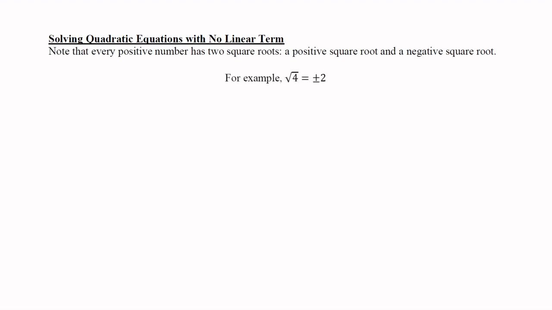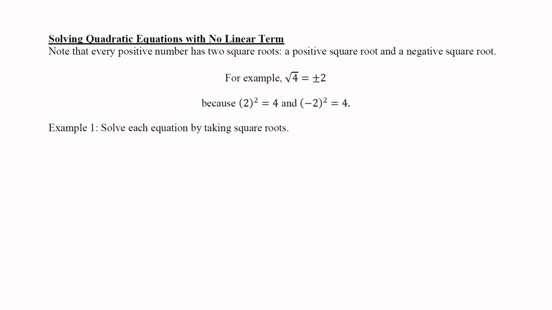For example, the square root of 4 is equal to plus or minus 2. This is because 2 squared gives you 4, and negative 2 squared also gives you 4, because negative 2 times negative 2 gives you a positive 4, because a negative times a negative is a positive.